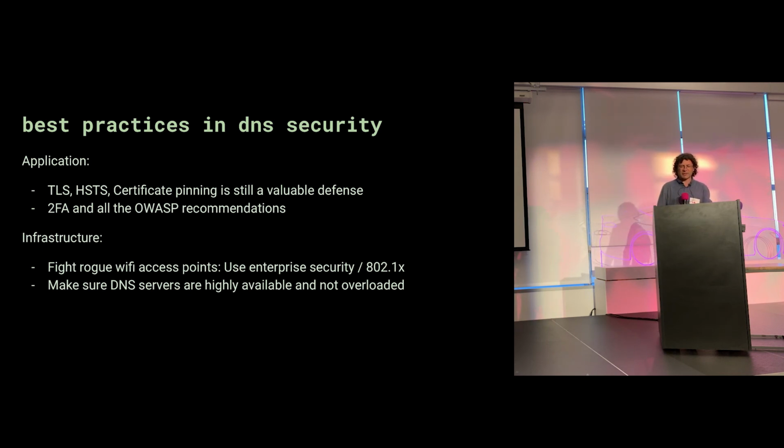And the second thing is your DNS servers. Remember we talked earlier about how there was a packet race in this particular attack. Well, if your DNS servers are overloaded or might go down, it makes it easier for somebody who's spoofing to win that race. So for DNS servers, make sure they're highly available and correctly set up for the load they'll have to handle.